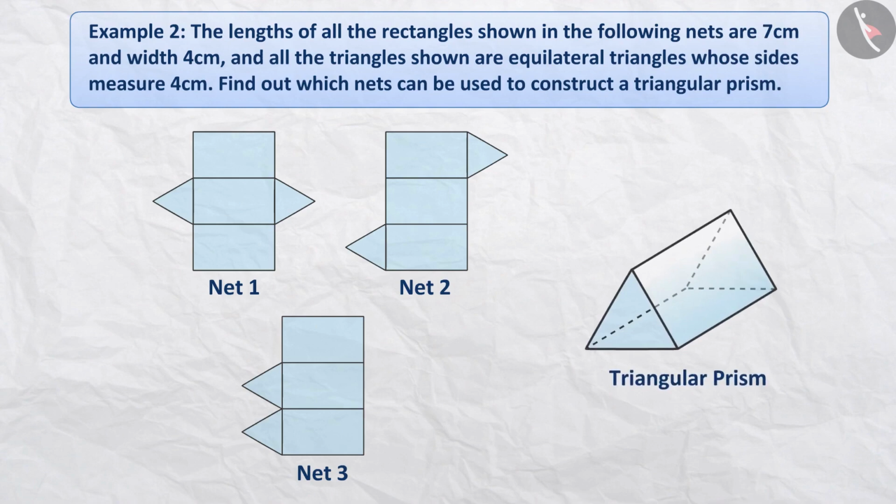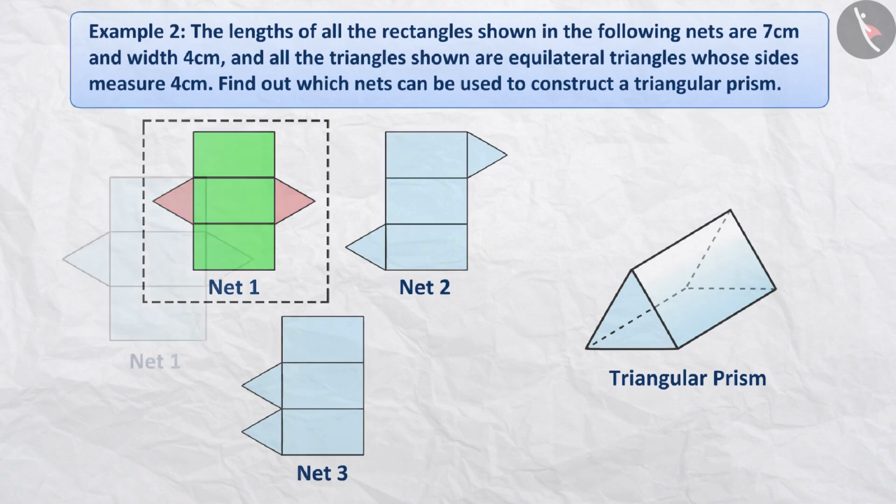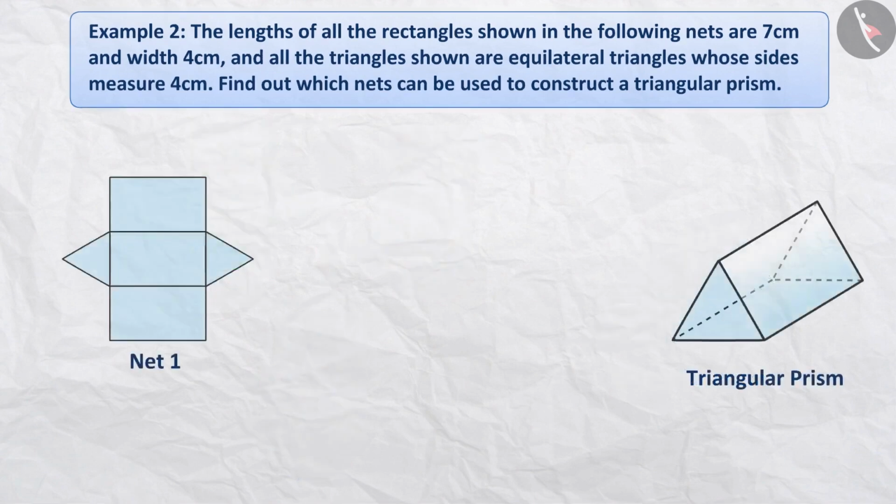We know that a triangular prism has 2 triangular faces as a prism base and 3 rectangular side faces. The 3 nets shown here have 2 triangles and 3 rectangle-shaped flat surfaces. Let's talk about the first figure first. For convenience, we will name various nets.